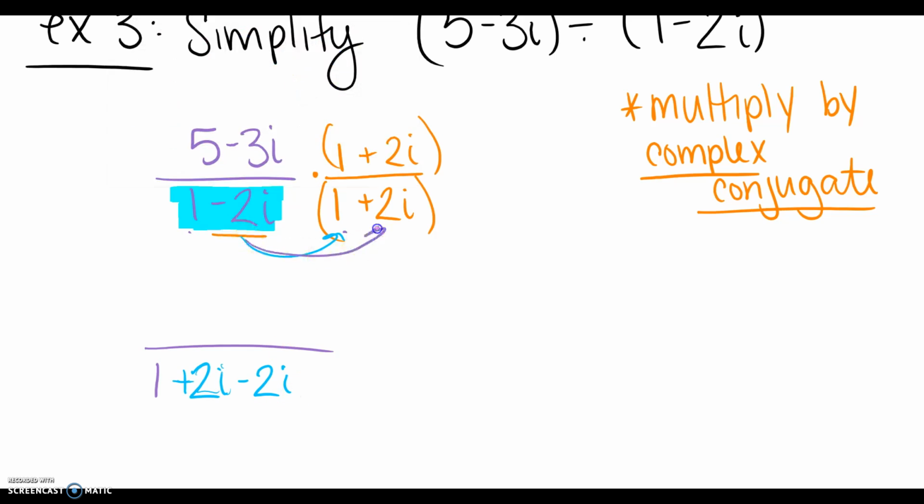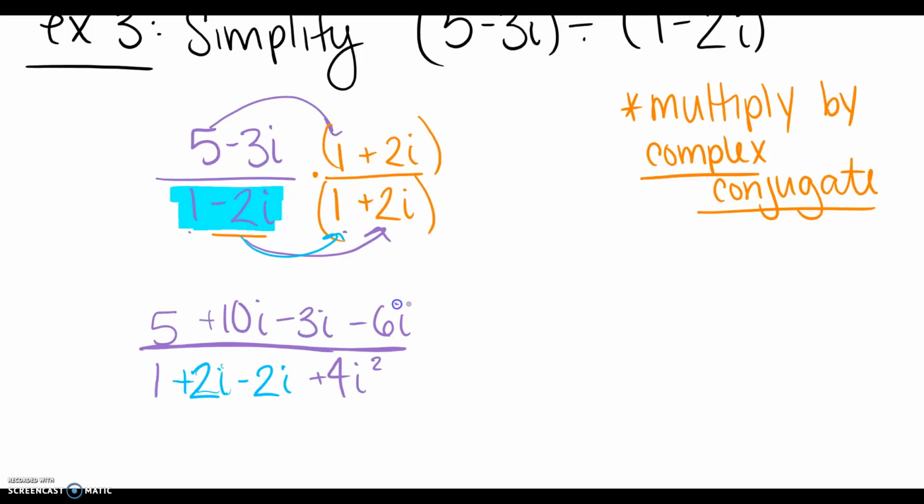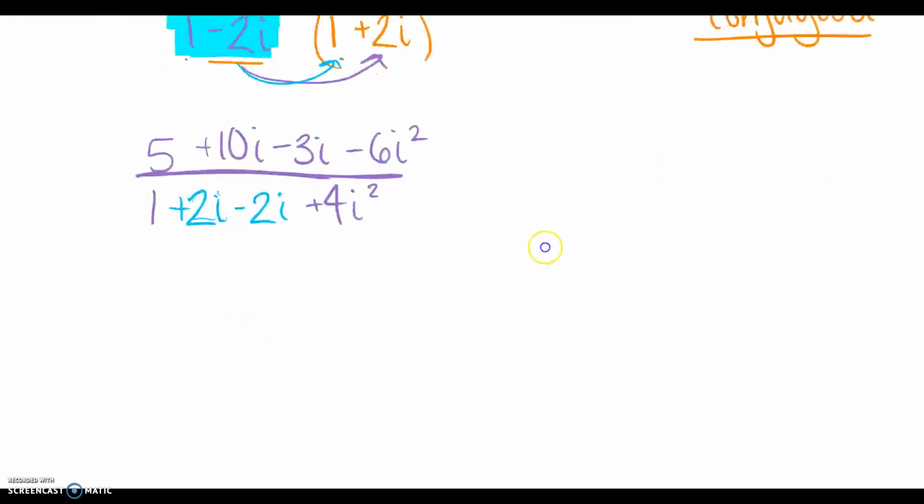And then negative 2i times positive 2i, which is 4i squared. So we need to do the same in the numerator, so 5 times 1 is 5, 5 times 2i is, oops, 10i, negative 3 times 1, negative 3i, and negative 3 times 2i is negative 6i squared.